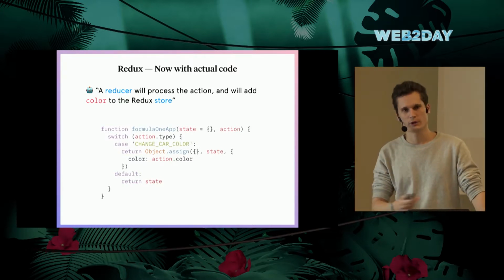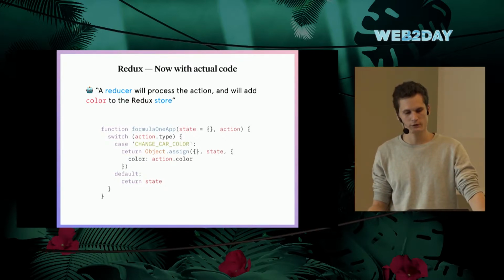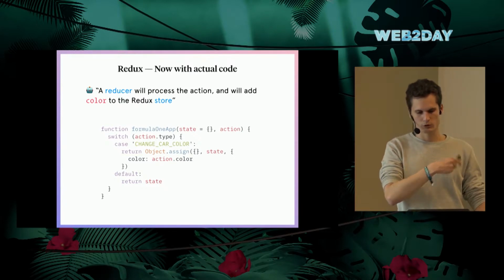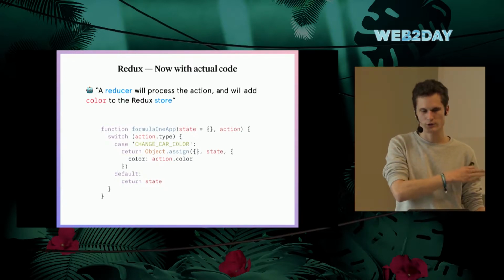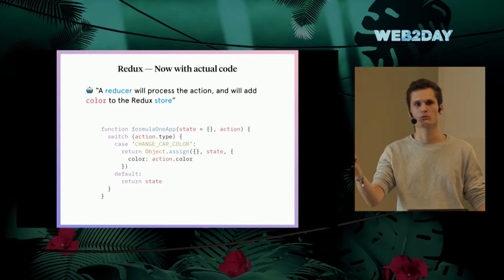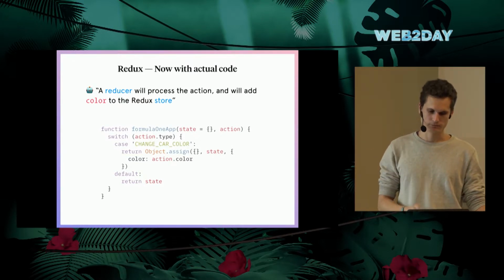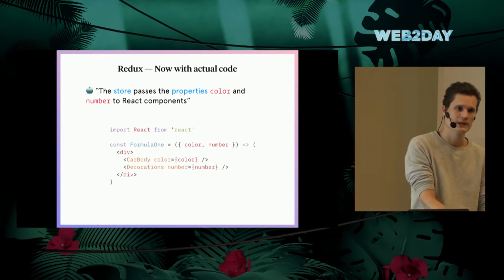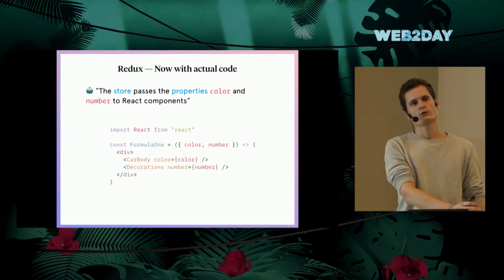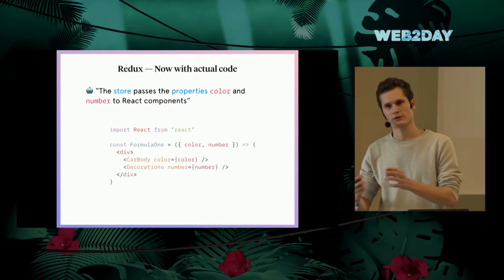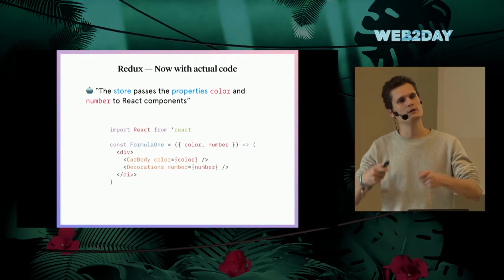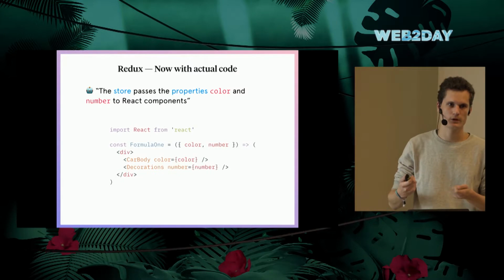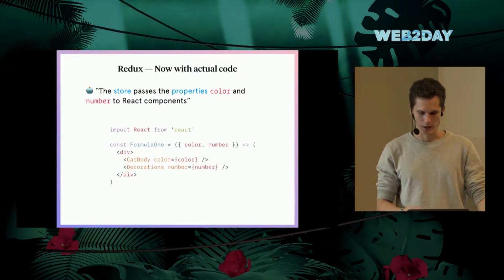And the Redux store is basically a plain JavaScript object. What we're doing here is a little bit fancy because we want immutability, but it's not really important. What we're actually doing is setting the color property to what we received as an input. Then when we have that information stored in our Lego tray of Redux, we want to pass it down to our React components so that we can redraw the application with the new data that our user inputted.